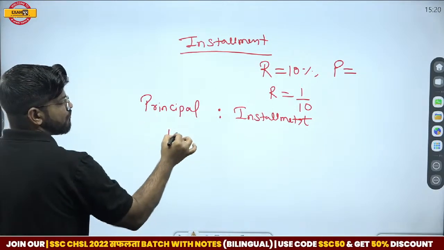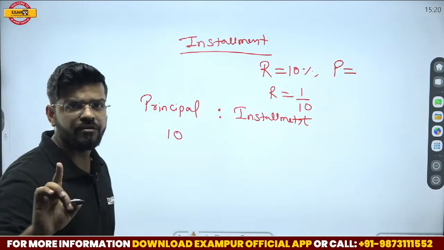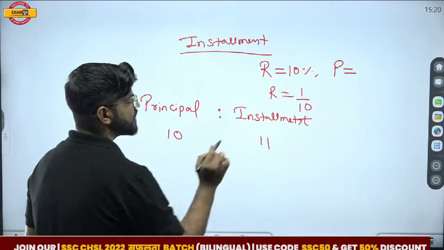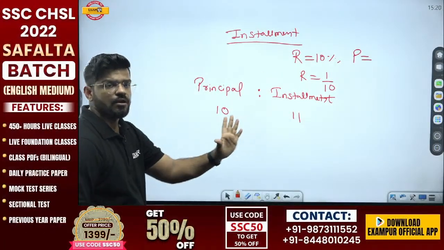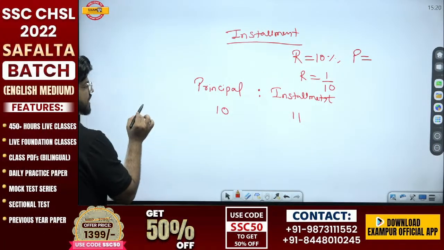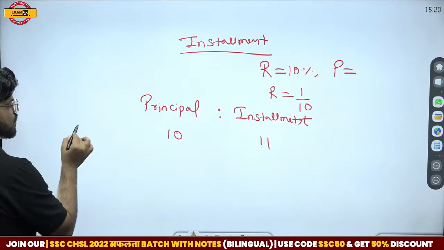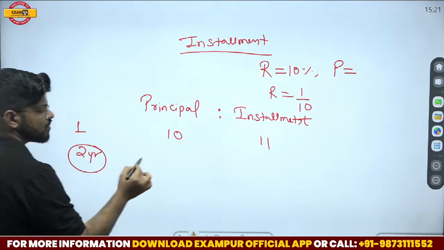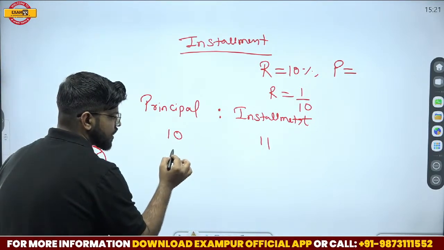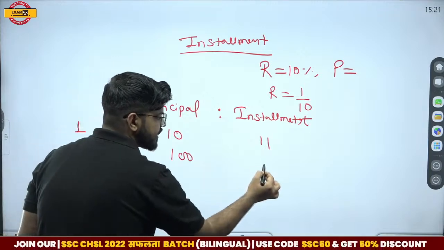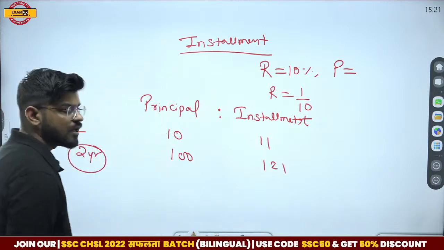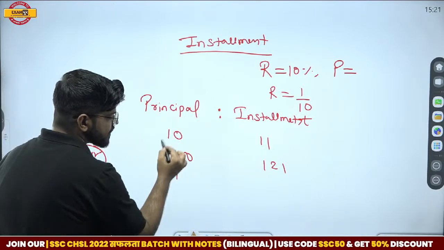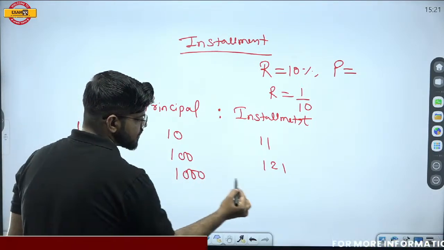For the first year, if I have to give only one installment, then if 10 is here, then 11 will be here, 10 plus 1. For 2 years, for 2 equal EMIs, we have to square here, so that means 100 and here 121. For 3 years, we have to cube here, so it will be 1000 and it will be what?